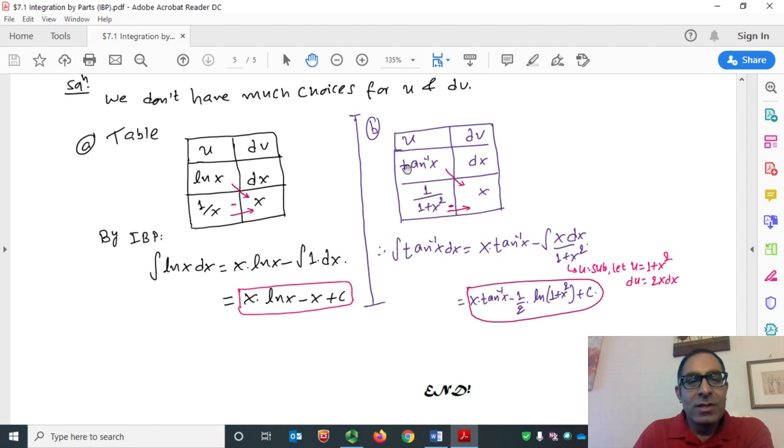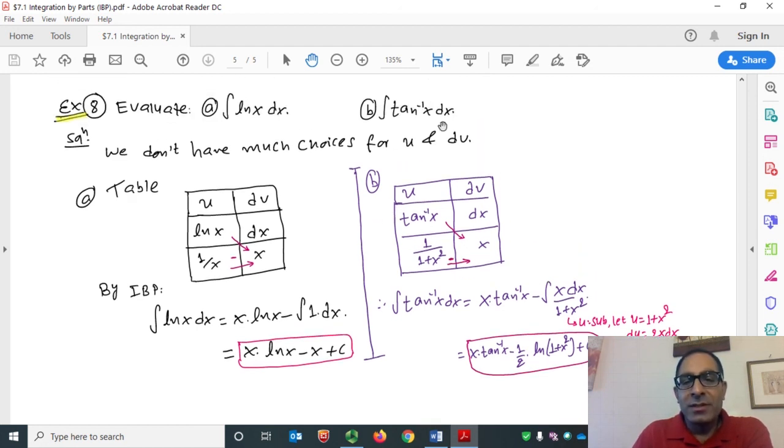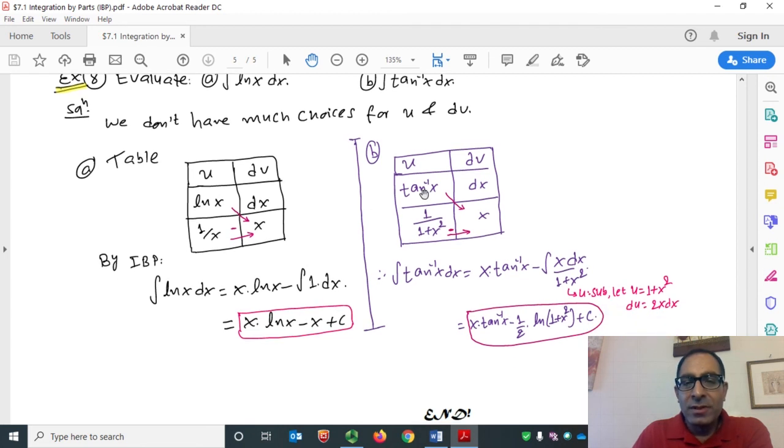Awesome. Similarly, b, so here tan inverse x. So pick u equals tan inverse x, then dv equals dx. Take the derivative of tan inverse x, which is 1 over 1 plus x squared. Take the integration of dx, which is x. Multiply the second row by negative, so I put my minus sign there.